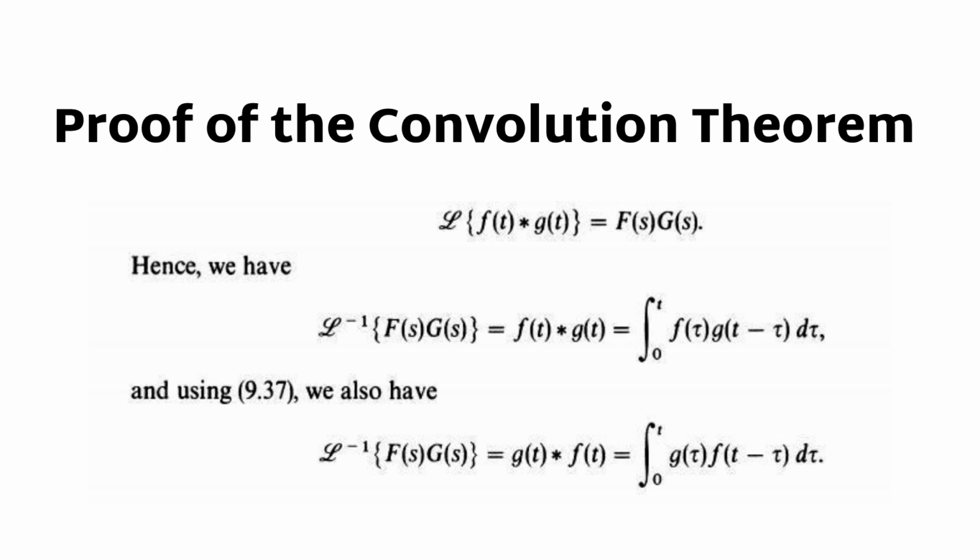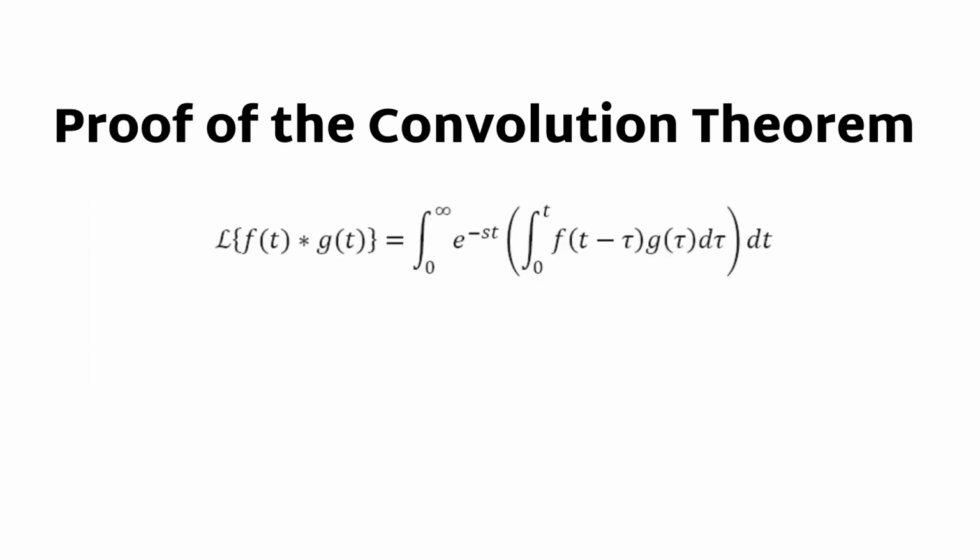Right now, I will give you the proof of the convolution theorem, and I will show you how this equation is derived. When you take the Laplace of a function, you will multiply it by e to the negative st, and the product obtained shall be integrated from 0 to infinity with respect to time.